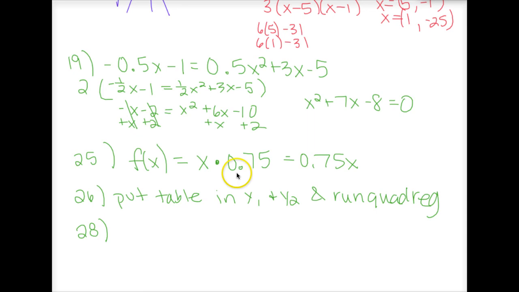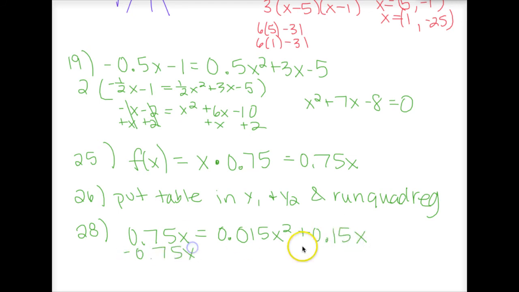If you set the f of x function from 25, which is 0.75x, equal to the function from 26, 0.015x squared plus 0.15x, to solve this we would move this over, and we'd have 0.015x squared, and then 0.15 minus 0.75 is negative 0.6, so minus 0.6x equals 0.